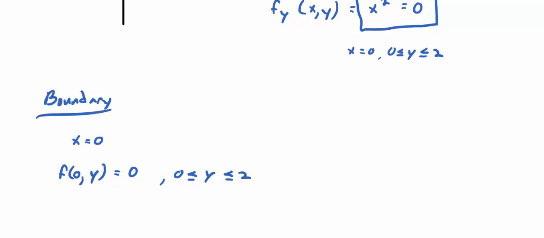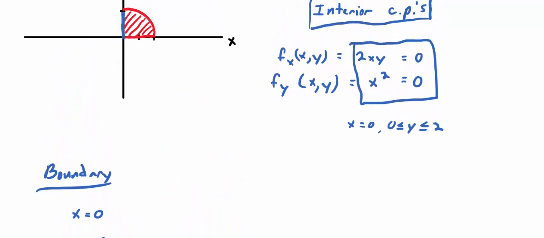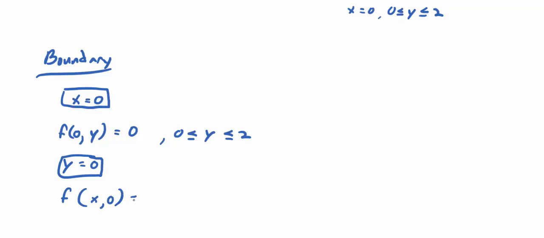And the same thing is going to happen on this boundary down here, on the x-axis boundary, when y equals 0. So this is one boundary, this y equals 0 is another boundary. But if you plug in 0 for y and anything you want for x, as long as x is between 0 and 2, you're going to get a function value of 0.